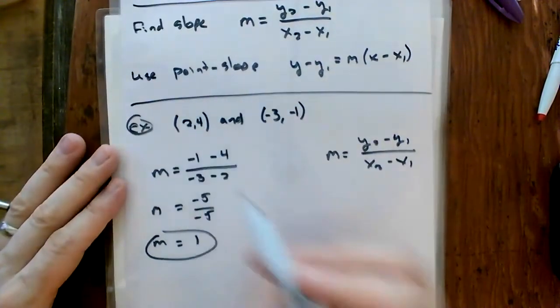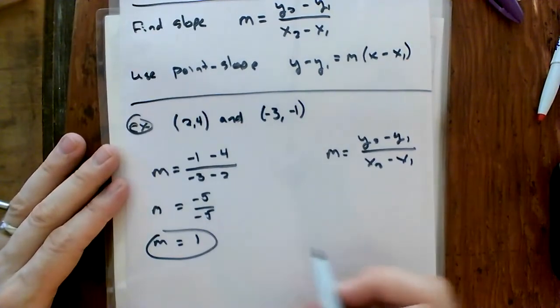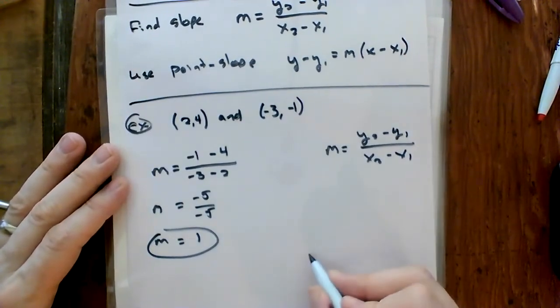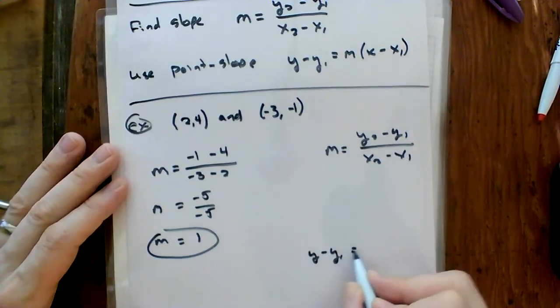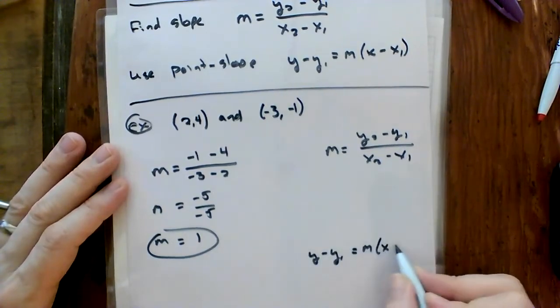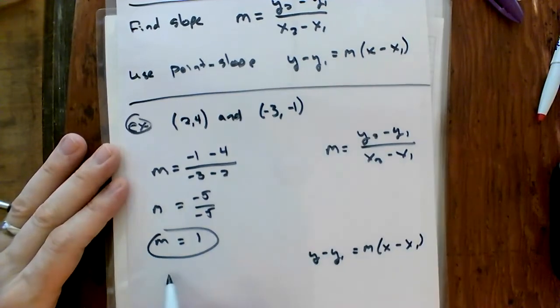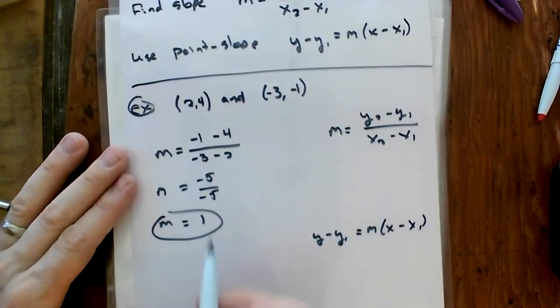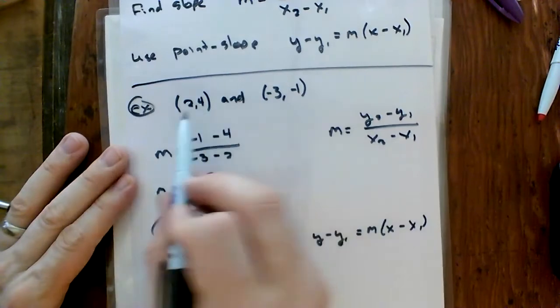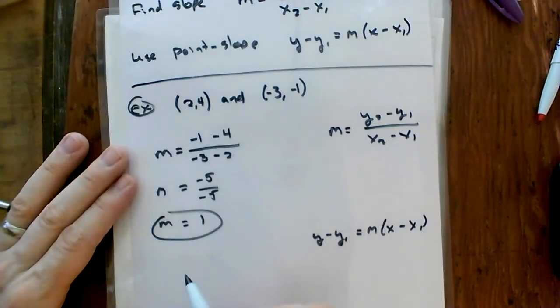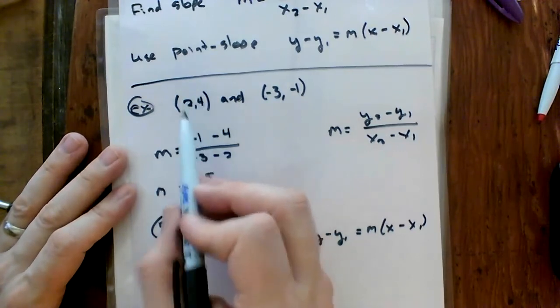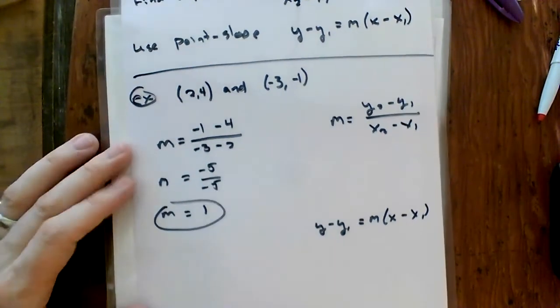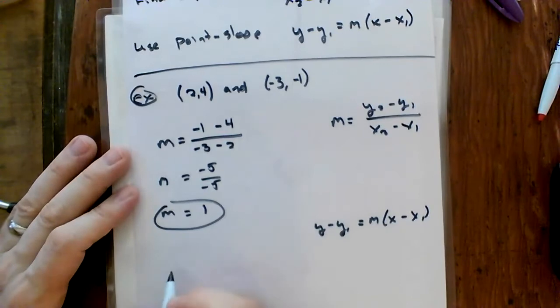Now I'm going to plug into my point slope formula, y minus y1 is equal to m times x minus x1. From here, I could choose either of these points. I'm going to choose the one that doesn't have any negatives in it, just because I think that's going to be a little bit easier for us.